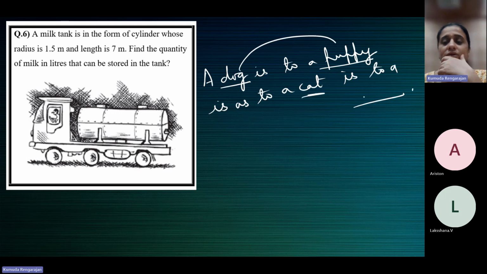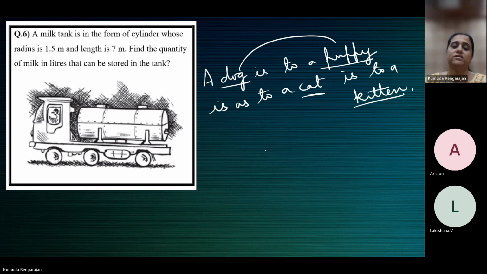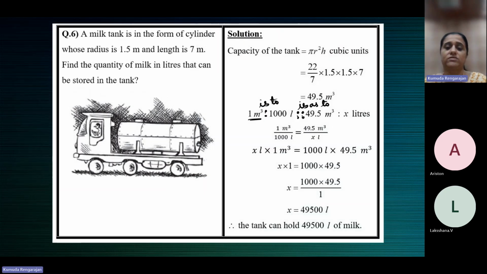Then for a cat, it should be a kitten. A dog is to a puppy as a cat is to a kitten. That's how we read this also.